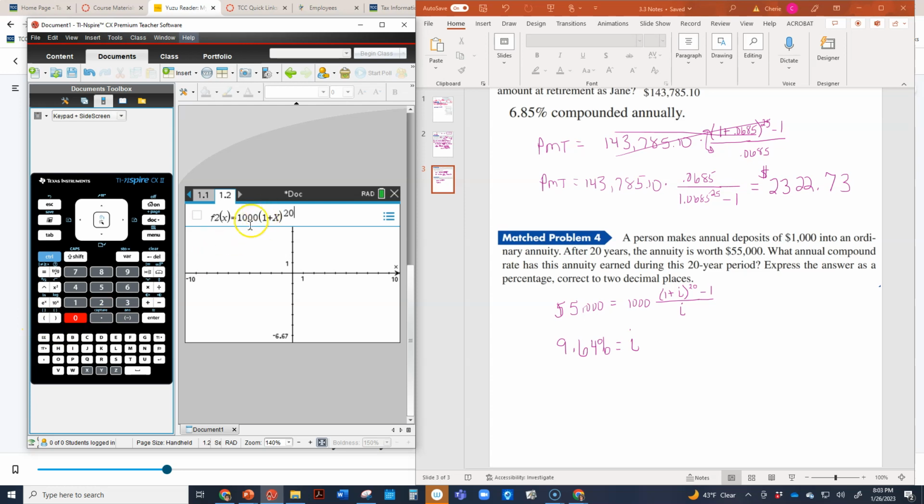And then since we want all of that, I'm going to have to go back and put in another parentheses, but I'm going to put -1 first. So all of that is in the numerator. Then I'm going to say divided by X. I don't know why the X is capitalized. That's bothering me.